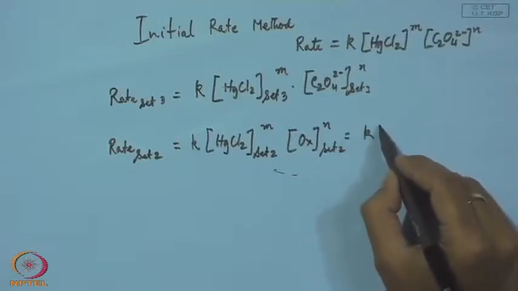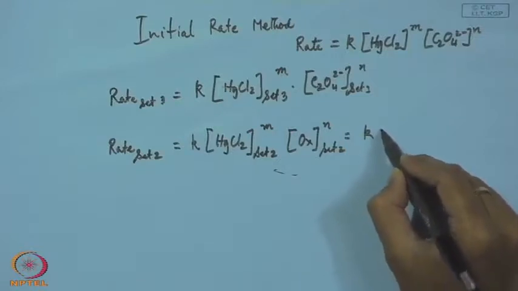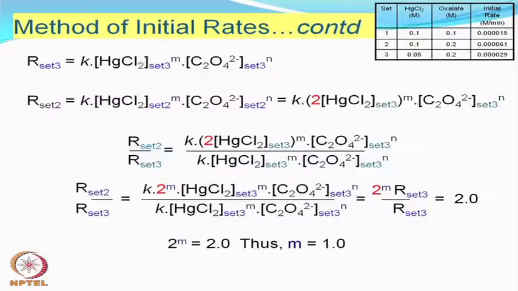now we will use information about different compositions and compare their relative proportion. We are looking at set 3 and set 2. For set 2, the mercuric chloride is how much? It is twice that of set 3, sorry, yes, it is twice set 3.